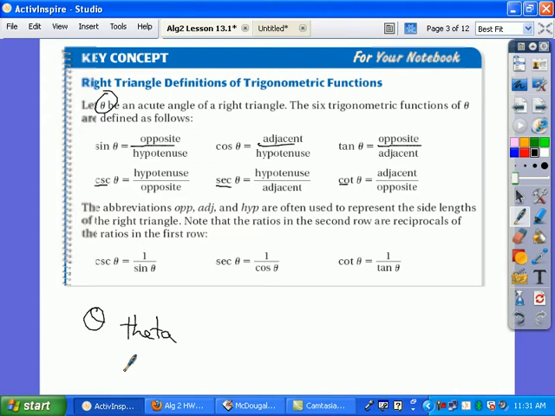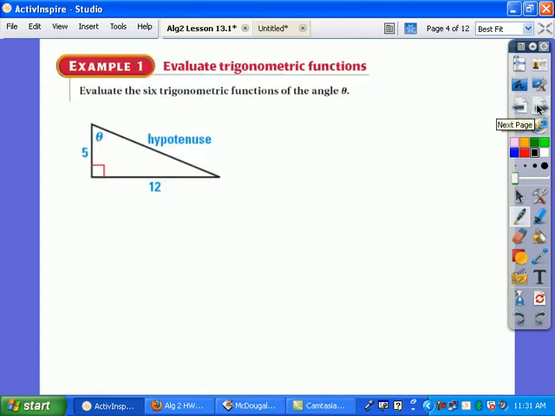All right, so here we have a question where we want to evaluate the six trigonometric functions of this angle theta. So here's theta. And to find the length of the hypotenuse, I use Pythagorean theorem. So 5 squared plus 12 squared equals, we'll call this x squared. And if we solve this, we'll find out x equals 13. This is a Pythagorean triple. You should remember it. And so now sine of theta is opposite over hypotenuse.